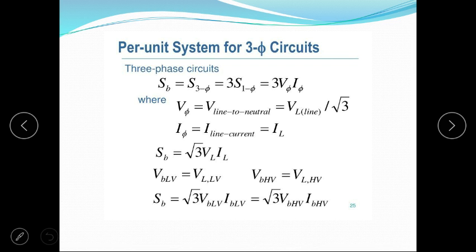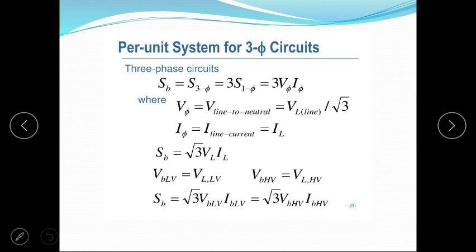Now we calculate per unit value for a three-phase circuit. In a three-phase circuit, power is 3 times that of a single-phase circuit, that is 3 Vph Iph, where V is line to neutral voltage, I is line current.